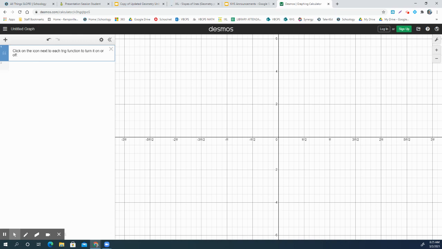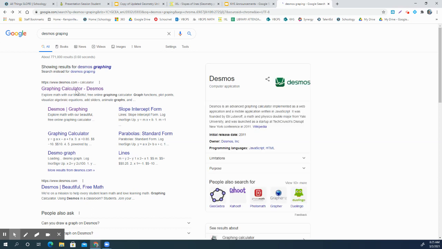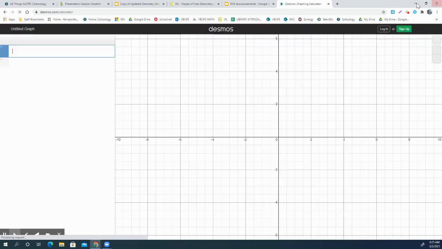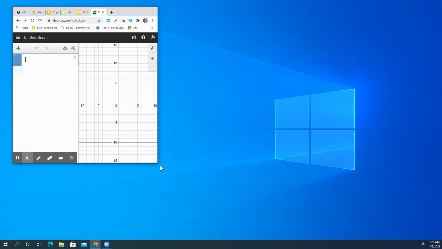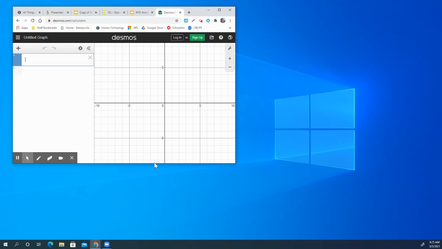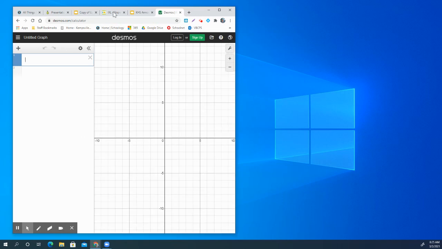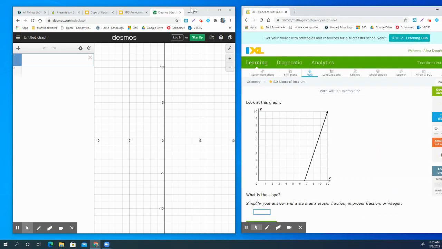I think I opened the wrong thing. So if it gives you an equation, you can just type it in.